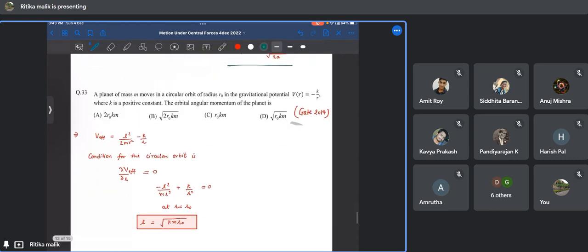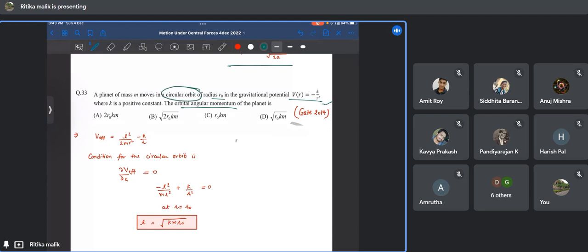Okay, so there is this question from GATE 2014. A planet of mass m moves in a circular orbit of radius r naught in a gravitational potential V(r) equals minus k by r. What will be the angular momentum of the planet? So you have been given the potential V(r), and the condition is a circular orbit.